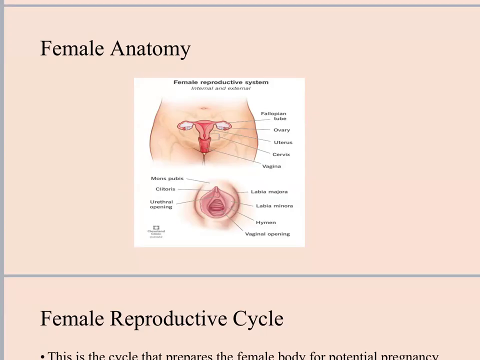Then we have fallopian tubes, which are connected to the ovaries, and their whole purpose is transporting an egg at ovulation. So typically, when a woman ovulates, it's only one egg.